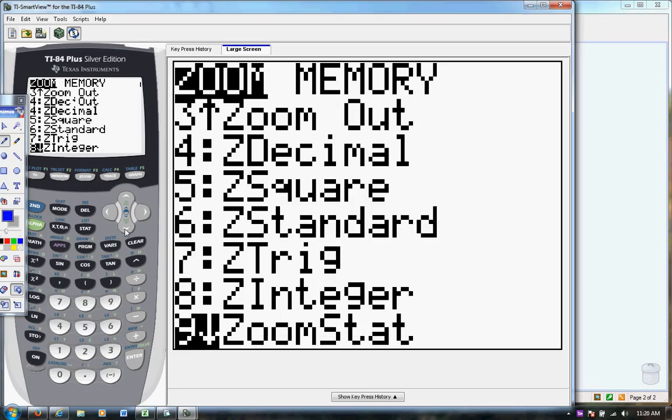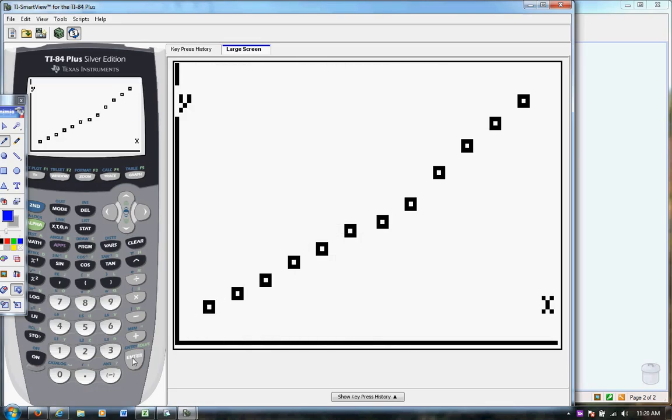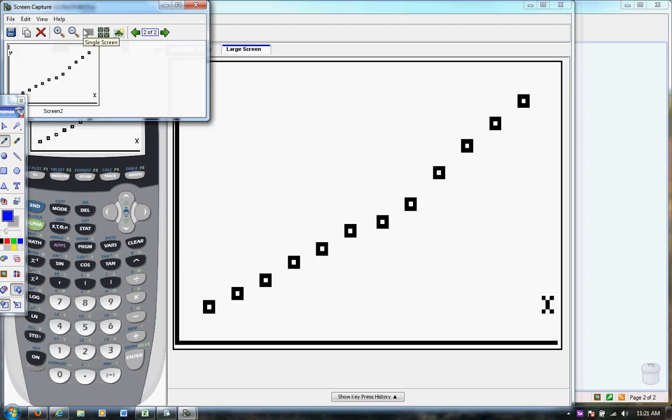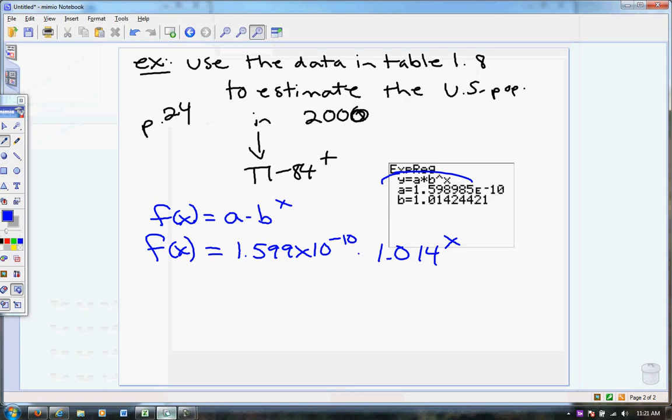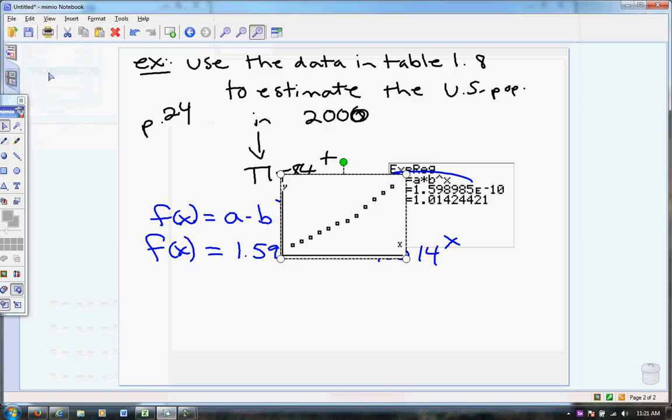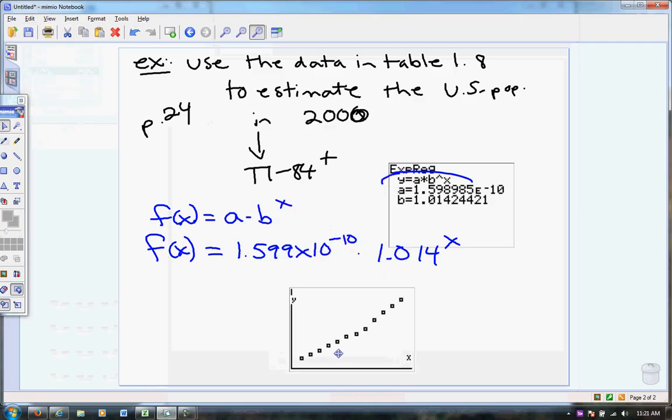Yeah, I could have saved some time. Use 9. There is our scatter plot of the data. Now, does it look like an exponential? Yeah. It does look like an exponential. All right. So I'll paste that in here. There's our scatter plot.